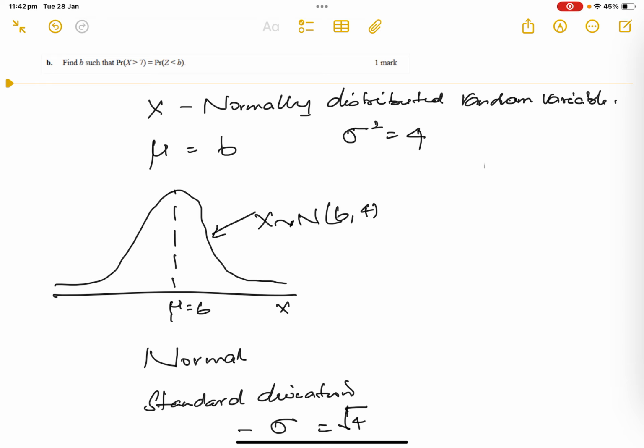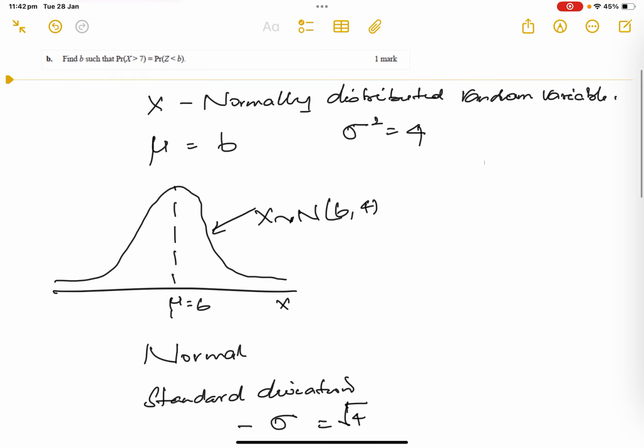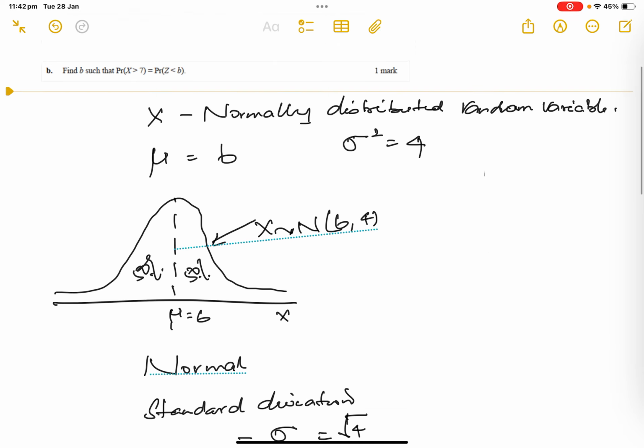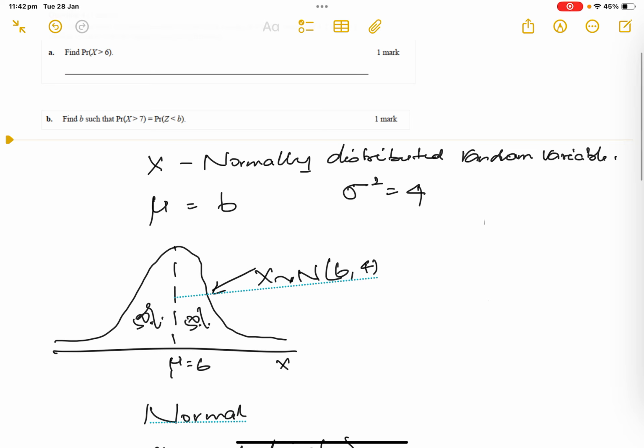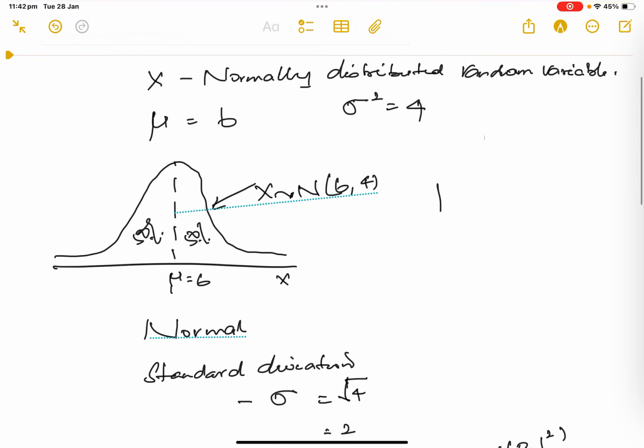The left-hand side is 50%, the right-hand side is 50%, and mu is the center point. What we need is the probability of X greater than 6.